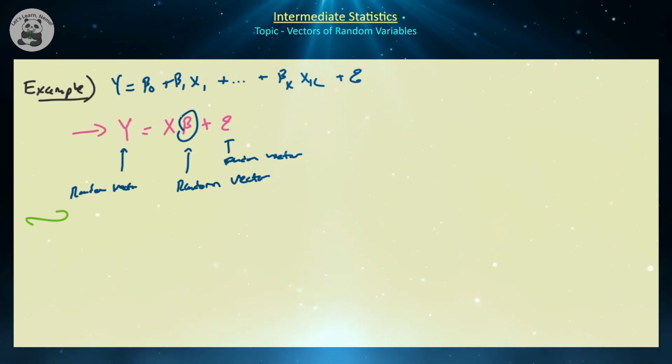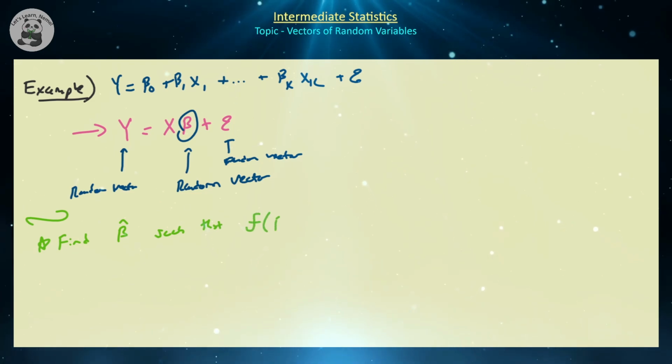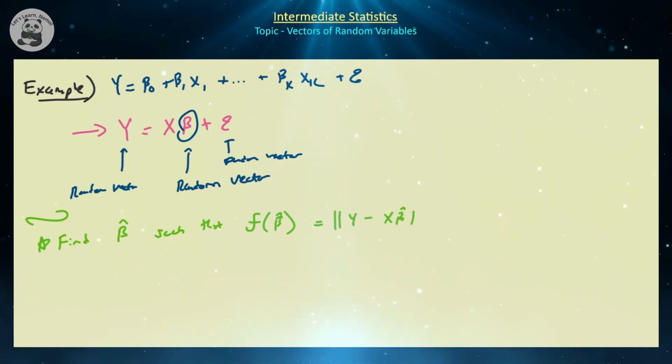So obviously the goal is to find estimates beta hat such that some functional, for example f of beta hat, and let's define it to be the least squares regression functional, in particular y minus x beta hat, the quantity squared, and let's assume that that's the L2 norm, is minimal.